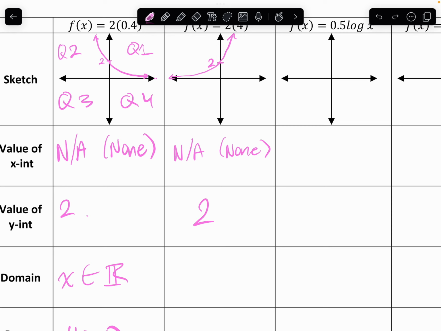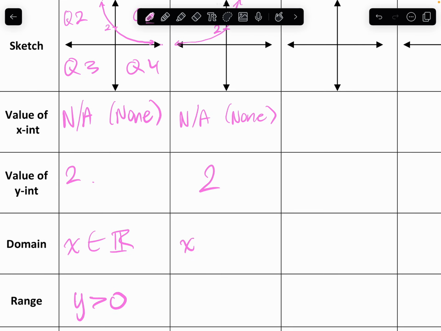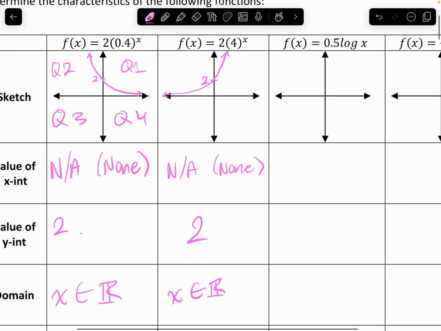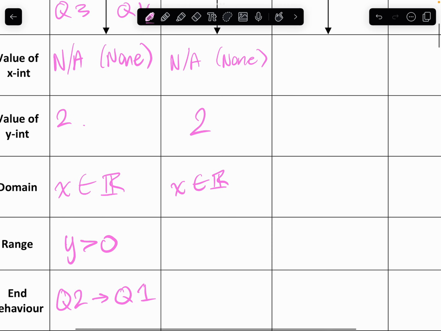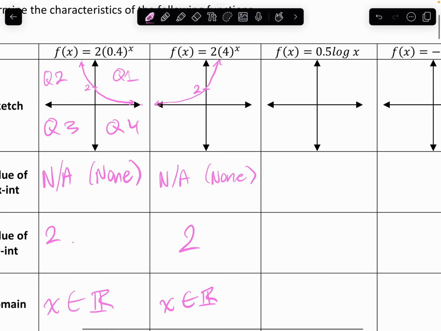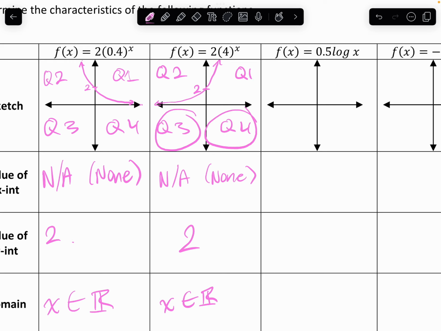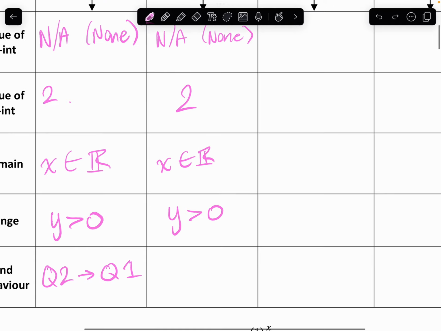It can go to negative infinity and infinity, which means x is an element of all real numbers. Our range, once again, it can't be 0, it can't be below 0, but it can be anything above 0. So y is greater than 0. And end behavior, once again, it's going from Q2 over to Q1, Q3, Q4, and these are untouched. So Q2 to Q1.